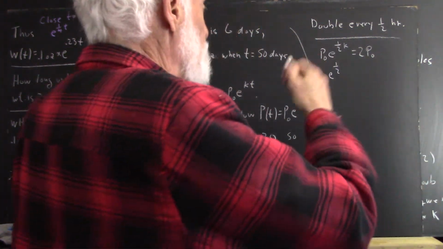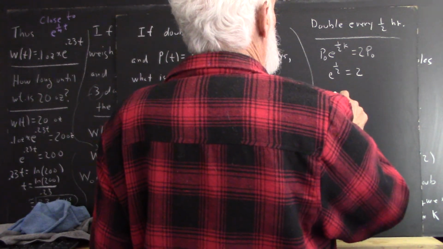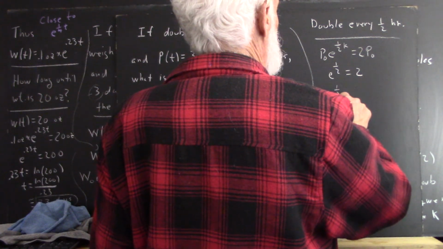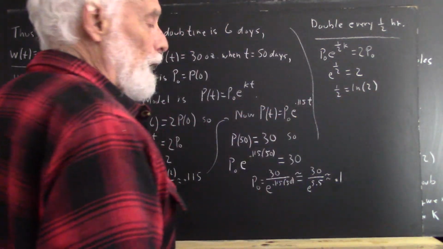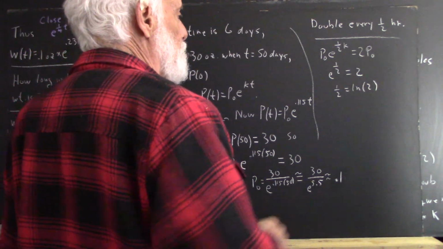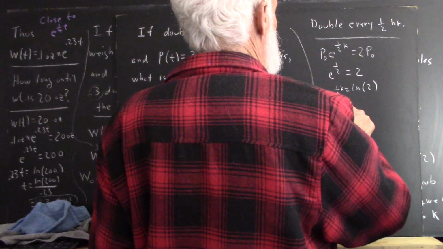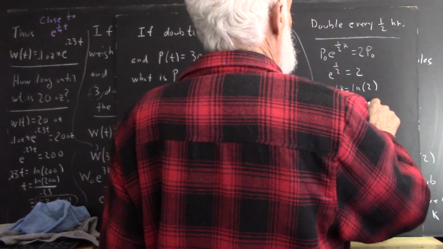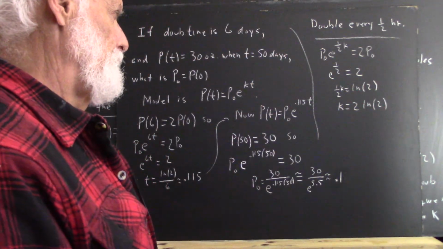Per half hour, you're going to have the 1/2. You get e to the 1/2 k equals 2. So that 1/2 k equals the natural log of 2, so k would be 2 times the natural log of 2.